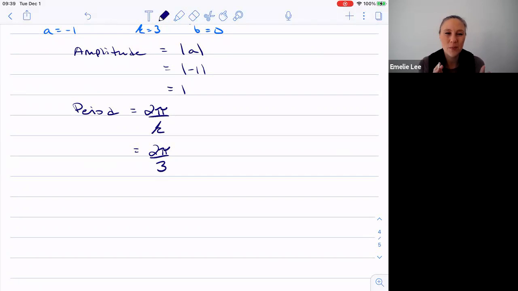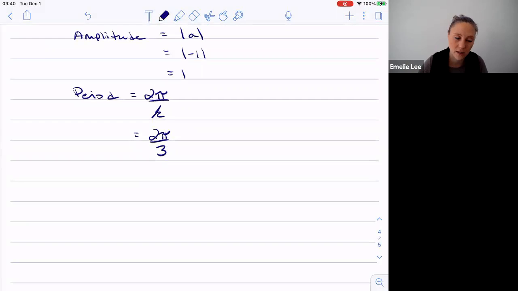In general, the sine period is 2 pi, so it takes a distance of 2 pi to get through a whole cycle. Now it takes a distance of 2 pi over 3. That's a little bit faster, so I'm covering a full cycle in 2 pi over 3 instead of 2 pi.